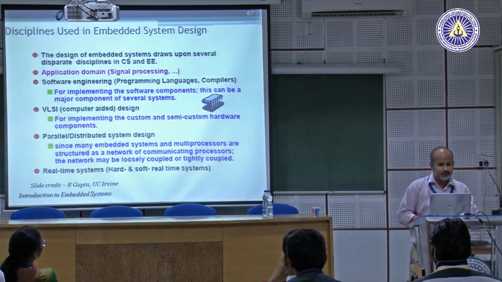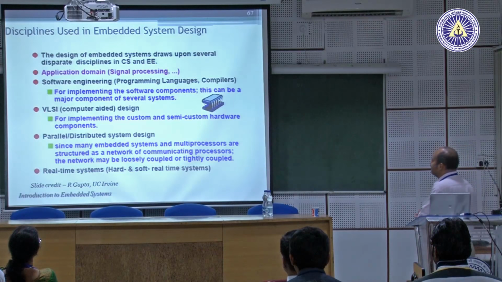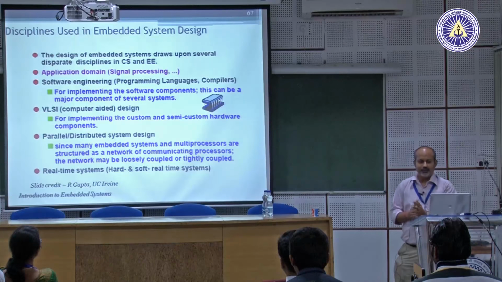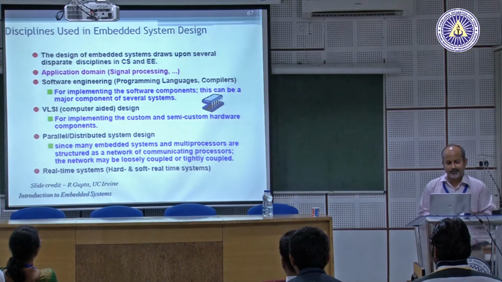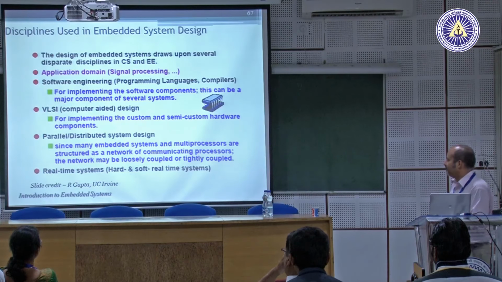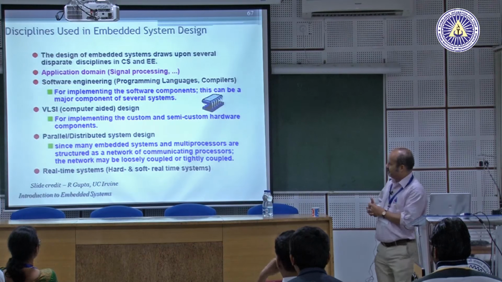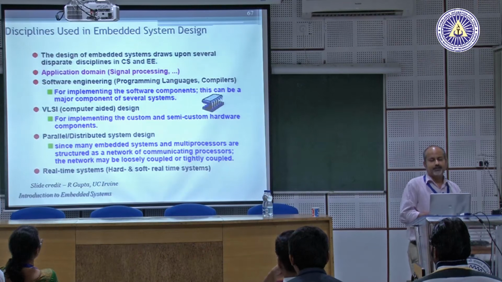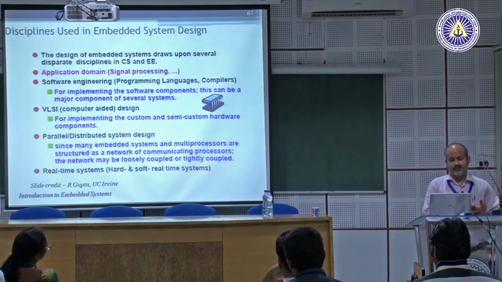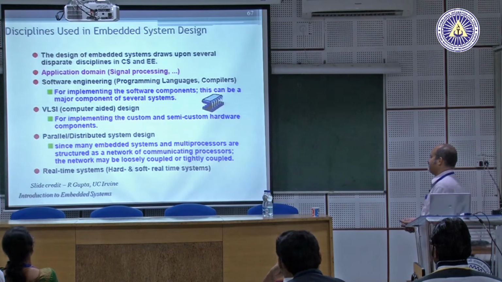So the disciplines that are used in embedded system design. If you want to do good training and research in embedded systems, you have all these different areas that need to converge, right? VLSI design is one, parallel and distributed system design is another.